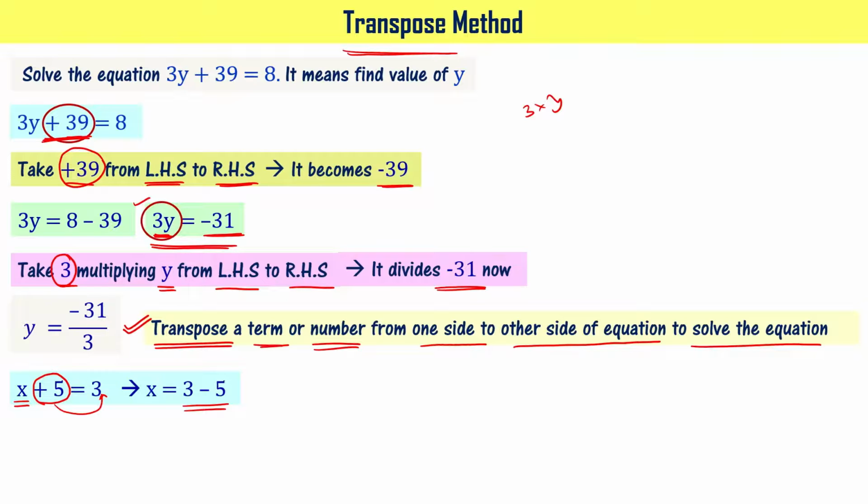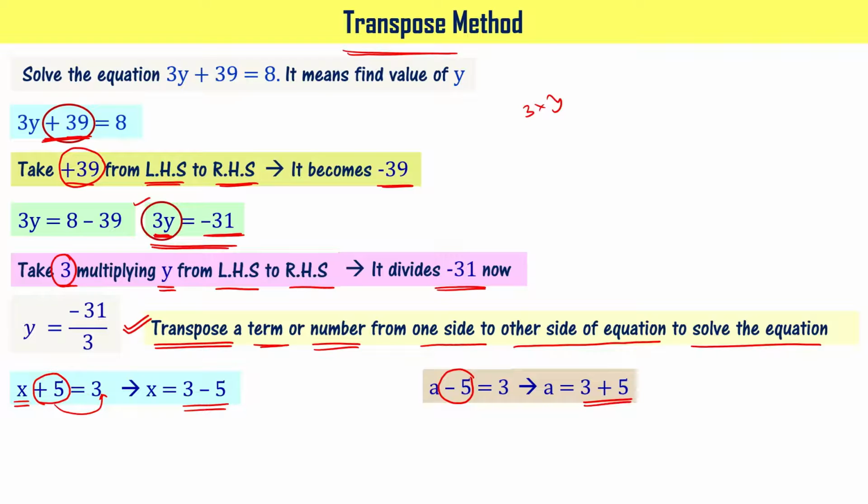And then you simplify it to get the answer. Similarly, I have an equation a minus 5 equal to 3. Minus 5 is there, right? We want to transpose minus 5 or take minus 5 onto the other side. When you do that, it becomes plus 5. It means a equal to 3 plus 5.